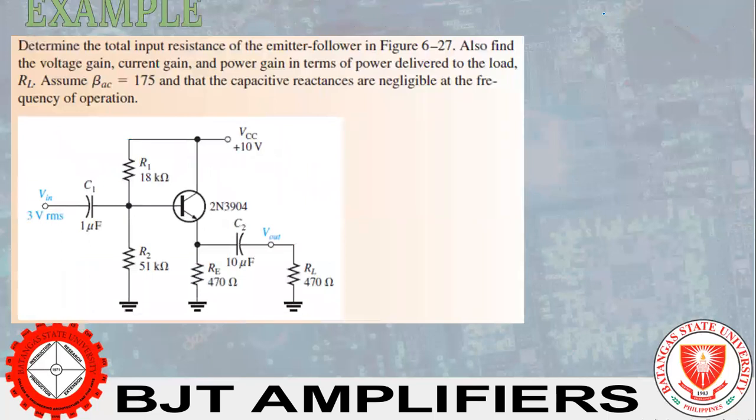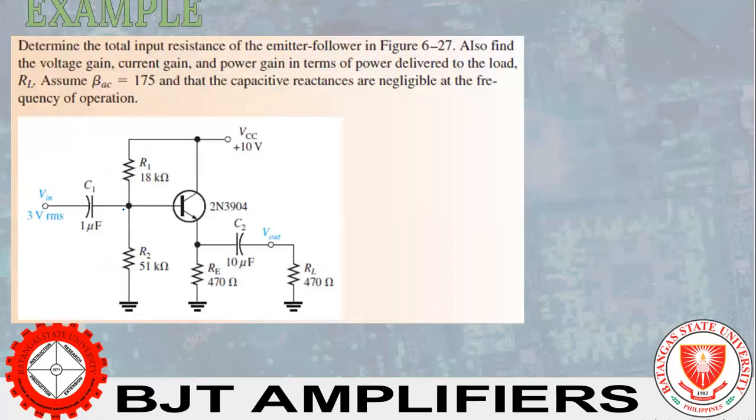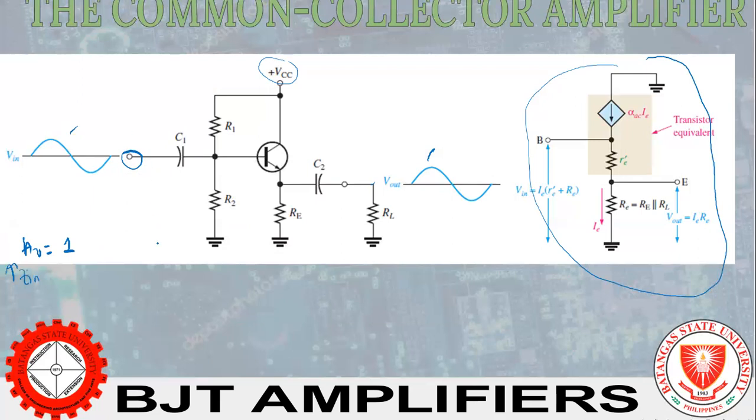So, for the voltage gain, which is 1, so, kailangan pa ba natin computing? So, wag na, no? Since siya naman ay 1, alam na natin, lagi siyang 1. So, input resistance. So, paano natin kukumputin ng input resistance? So, yung Rn base natin. Rn base. Yung Rn base natin would be equals to beta AC RE.